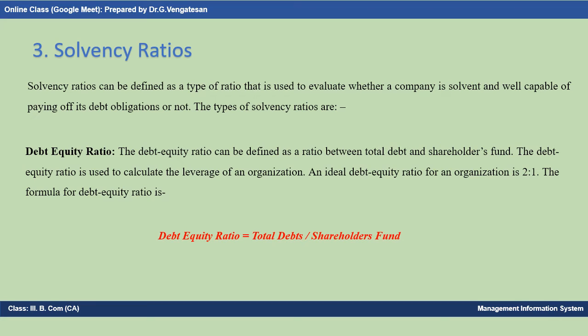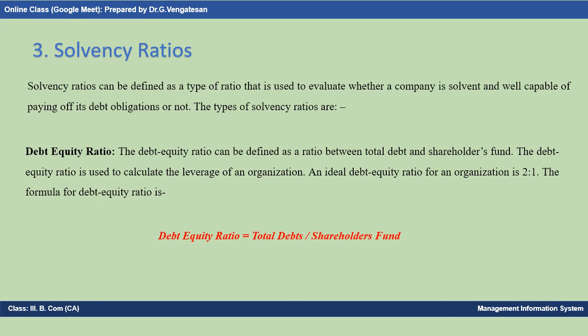This solvency ratio is used to measure whether the company is able to settle and pay off all the debts, whether they are able to meet the obligations of the firm or not.